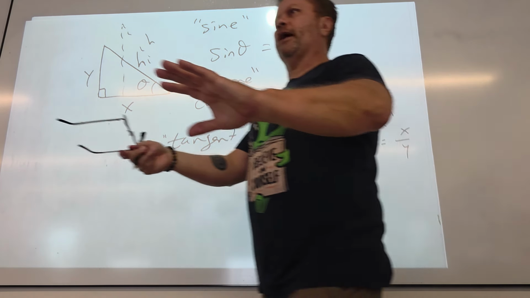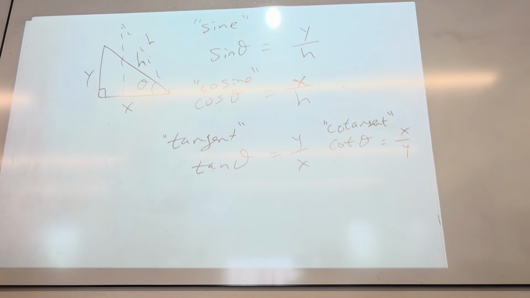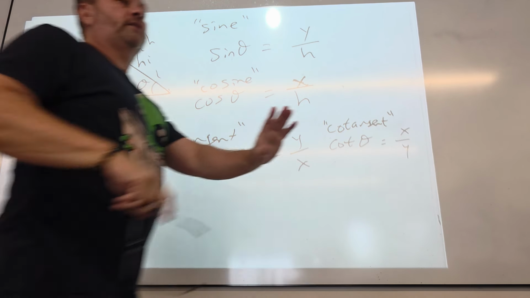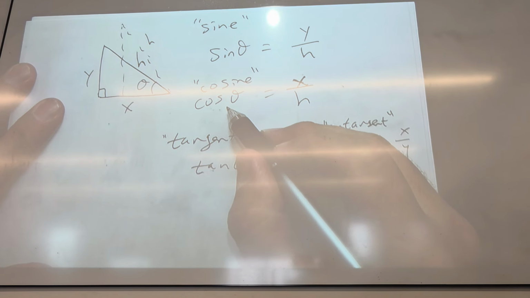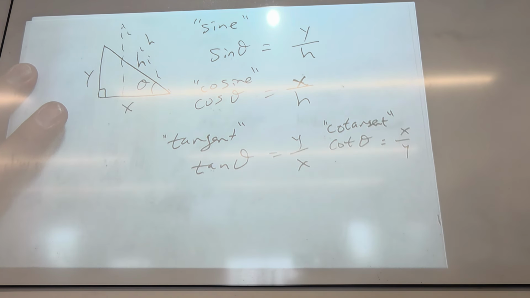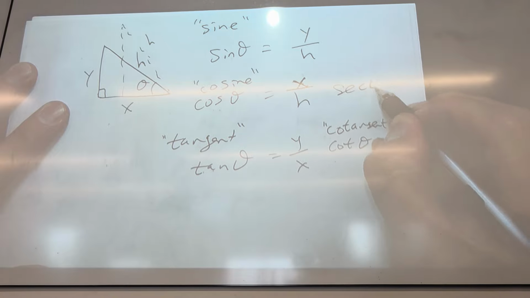But now you see how we have what seems to be a naming problem. Sine and cosine are already there. So what is sine's reciprocal called? Well, let's start with cosine's. What's the reciprocal of cosine? Well, it's obviously going to be secant.